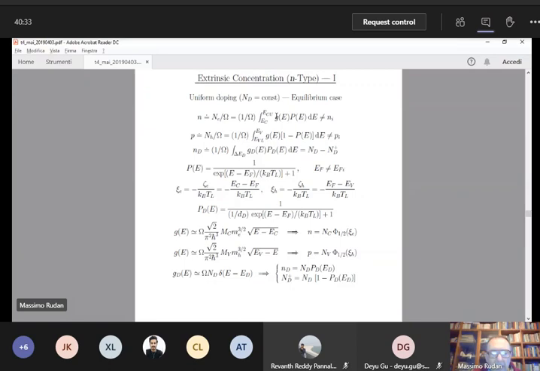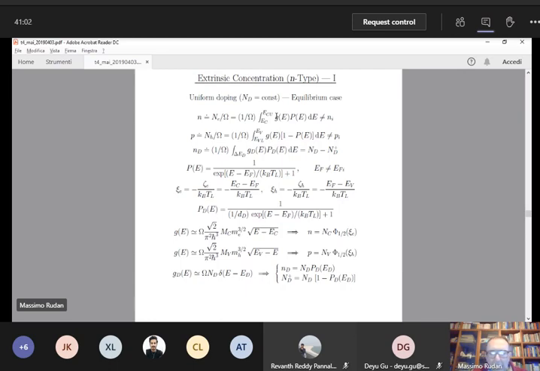Then we calculate P. Small p is the concentration of holes of the valence band, and the calculation is just as usual. We take the density of states, we multiply by 1 minus p, that is the probability of being empty of the state of energy E, and then we integrate over the valence band and we divide by the volume.